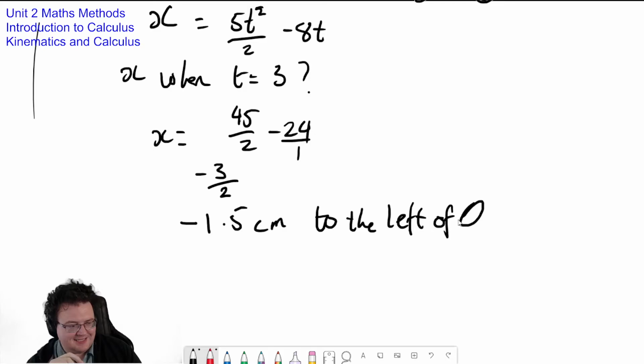Find the distance traveled in the first 3 seconds. So how far has it gone in the first 3 seconds?